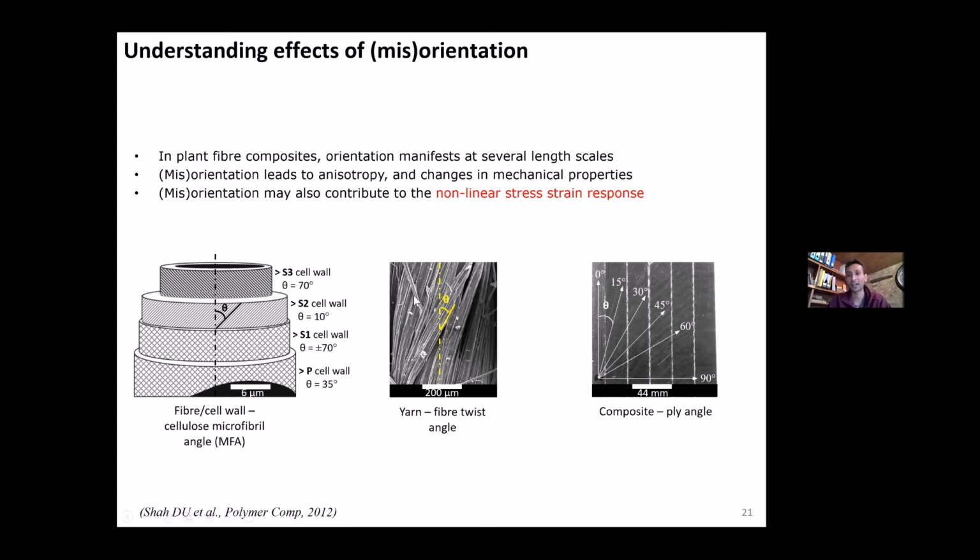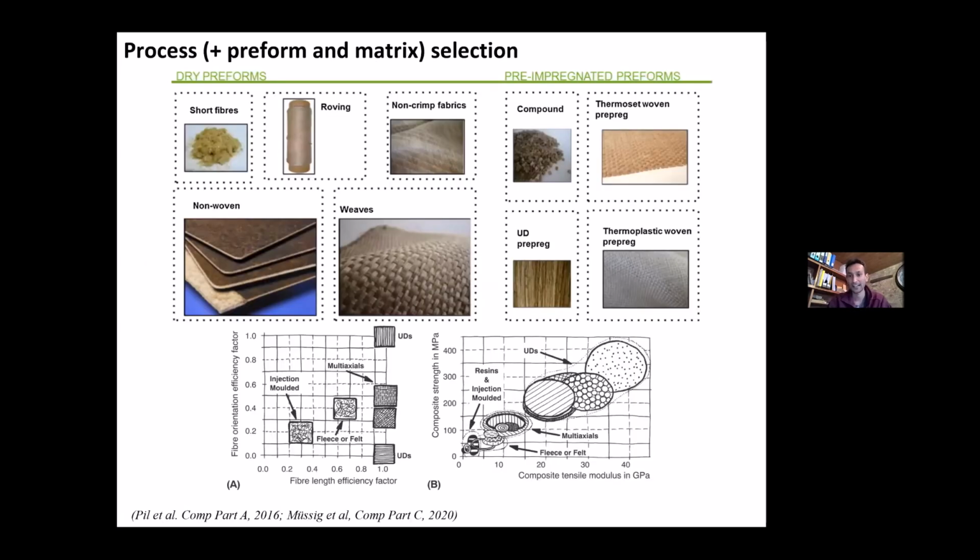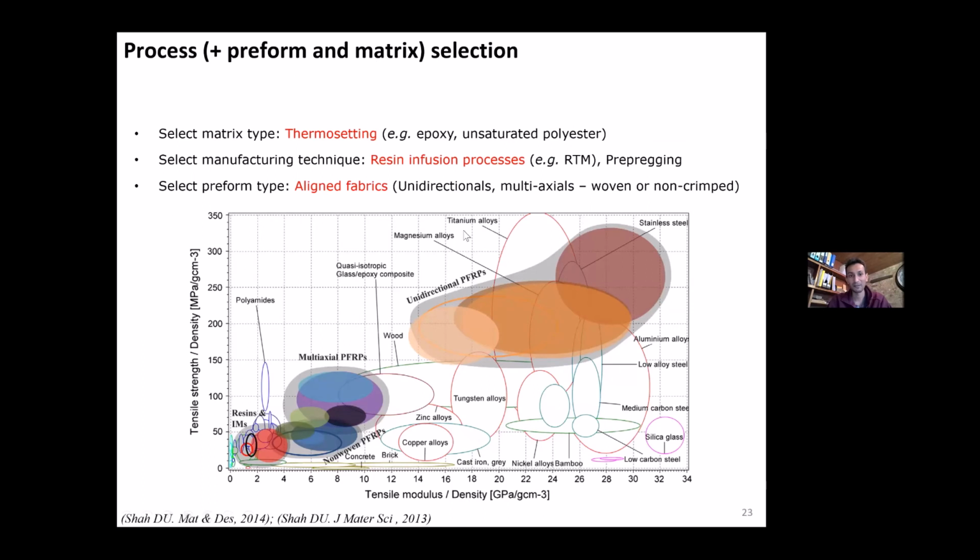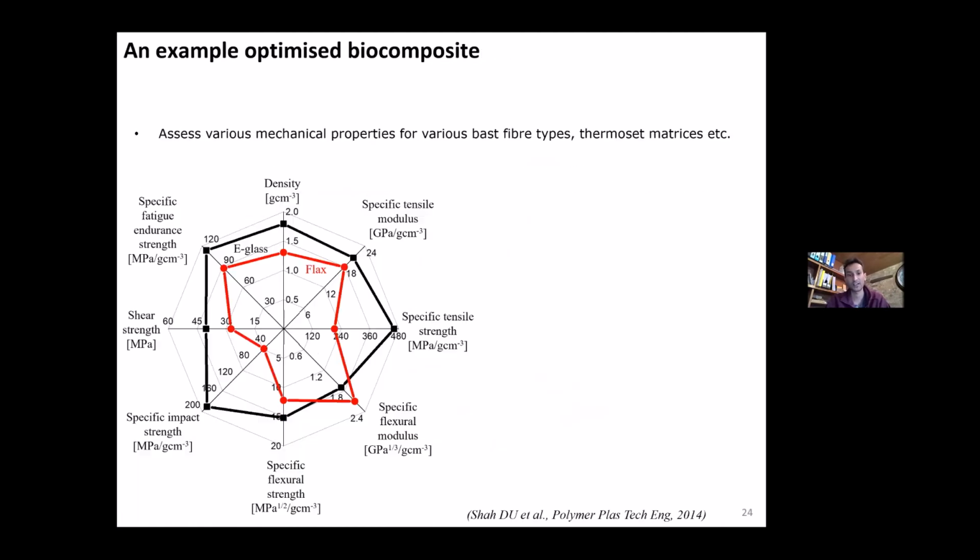And one of the key advances of our work was to ensure that the fiber or the yarns had zero twist. And then selecting preforms, we went along with unidirectional materials and multi-axials. We kept these to be non-crimped so that there was no third dimension misorientation, which could reduce the strength and stiffness by 5 to 10%. And we use resin transfer molding processes and a UV stable unsaturated polyester as the matrix.